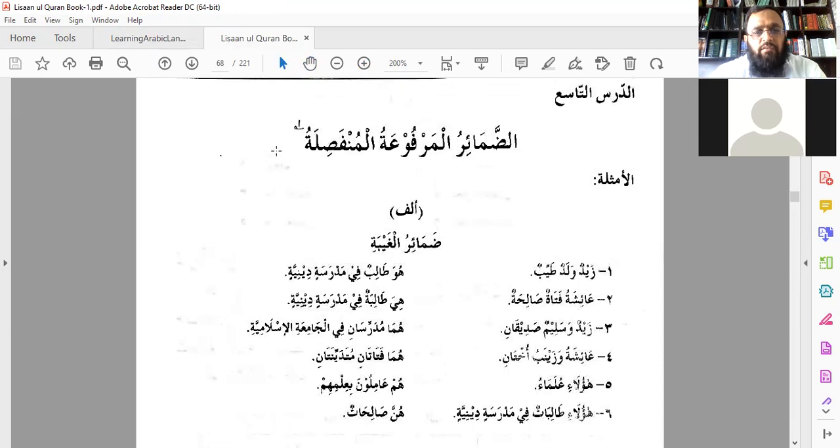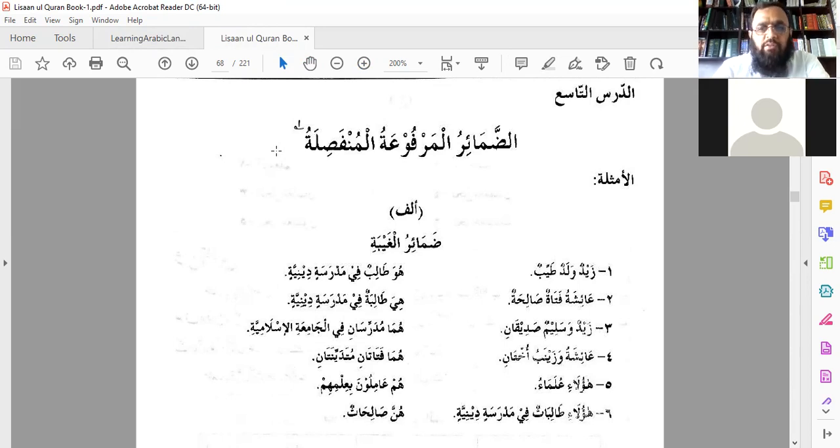So, az-zamairu al-marfu'atu al-munfasila. So this is the first concept of today. Before going to that, let me give you some background of this. Like in English grammar, there are 3 persons. First person, second person, and third person.